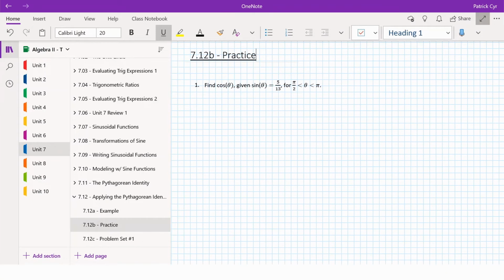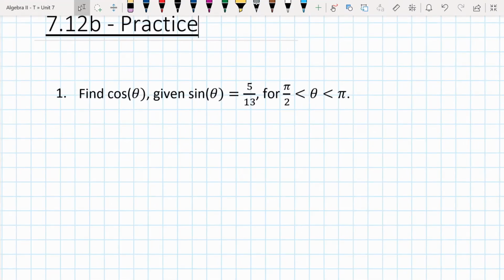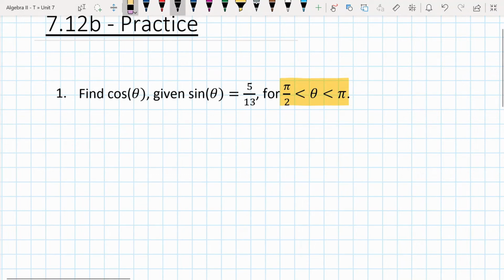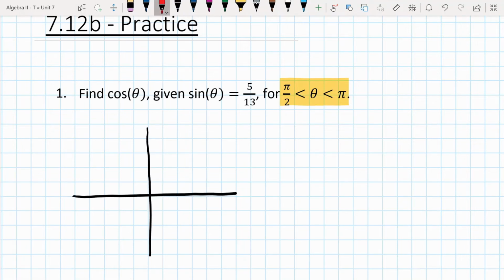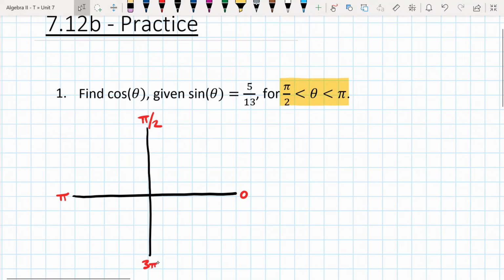All right, let's do a practice problem. This time, instead of finding sine, we're going to find cosine, given sine, and theta is going to be between pi over 2 and pi. Like the other two questions, let's start by identifying where we're located on the unit circle. In radians, 0, pi over 2, pi, 3 pi over 2.